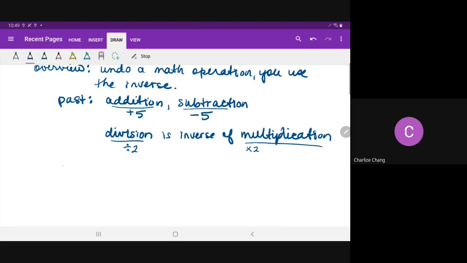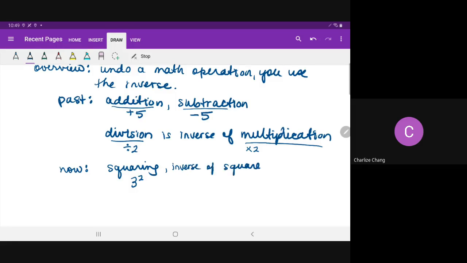Now, currently in our class, we have squaring. So if you do something like 3 squared, to remove the squared, this is the inverse of square rooting.